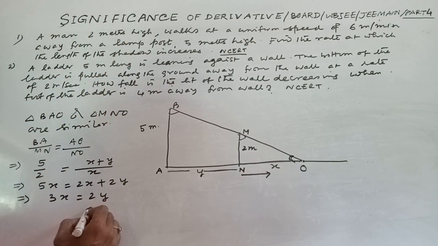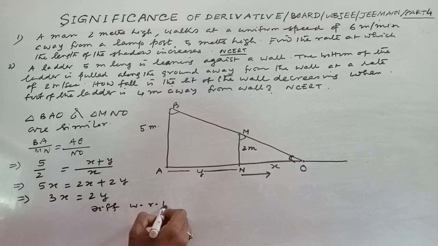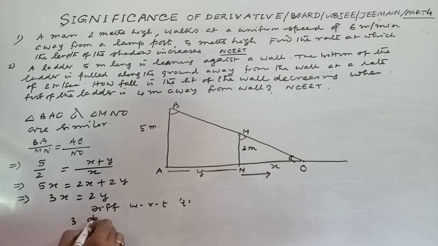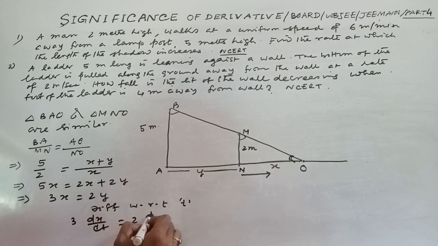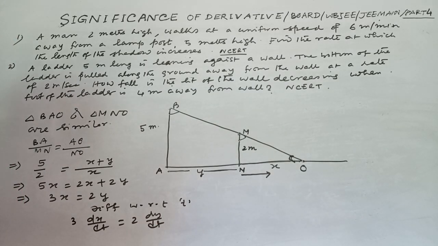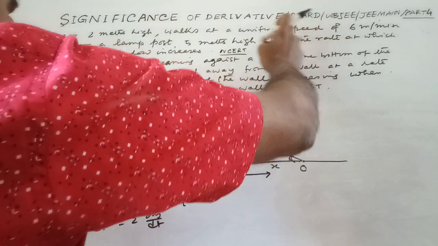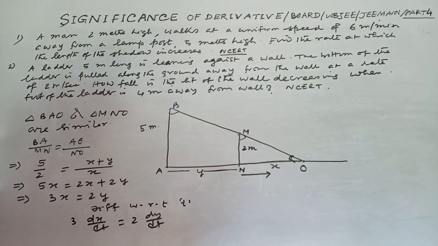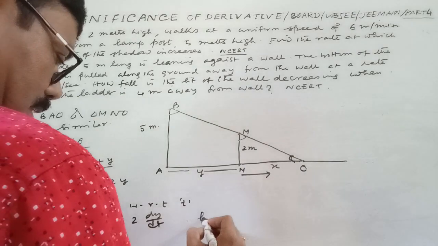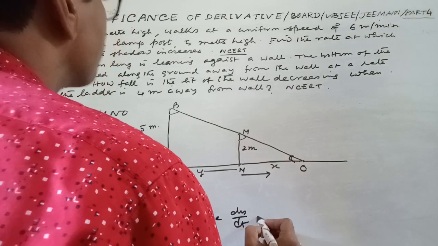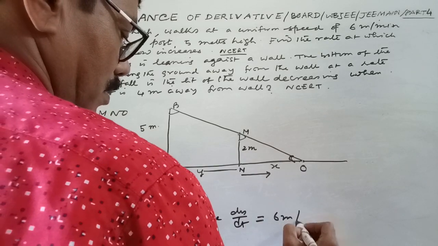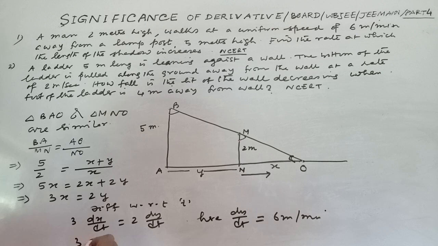Now differentiating with respect to t, 3 into dx by dt equals 2 into dy by dt. Now there are two unknowns, dx by dt and dy by dt. One is given: the speed of the man, that is dy by dt equals 6 meters per minute. So 3 into dx by dt equals 2 into 6.